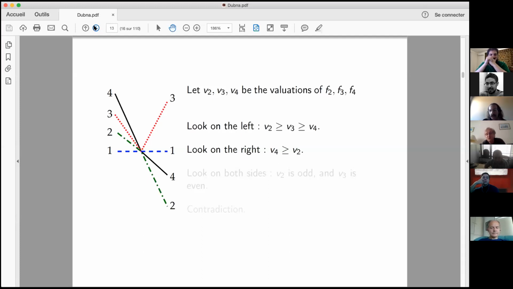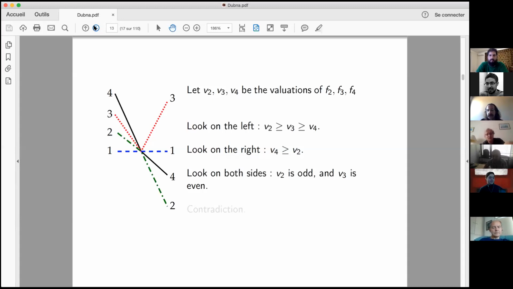Therefore, the valuation V4 is at least equal to the valuation V2, because of what I said earlier. So already we know that the 3 valuations, V2, V3, V4, have to be equal, by taking these 2 inequalities. Now, if you look on both sides, you see that the graph of F2 is crossing the graph of 0, which means that the valuation V2 has to be odd.